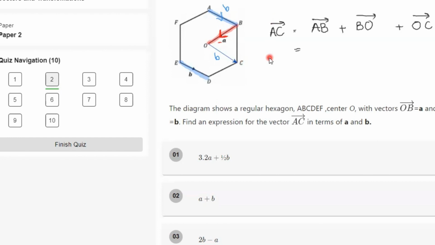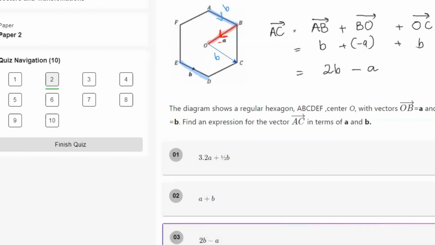So I know that AB is my vector b, BO is my vector negative a, and OC is just b. If I go ahead and add these up, it's basically going to give me 2b minus a as my answer. There we go. That's the answer that we have over here for our vector AC.